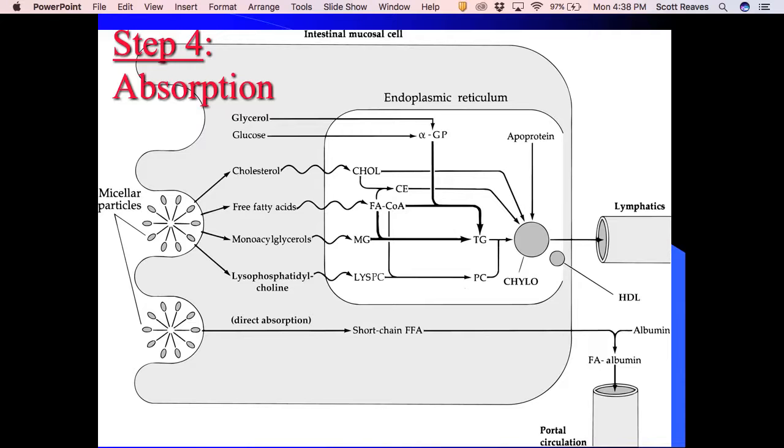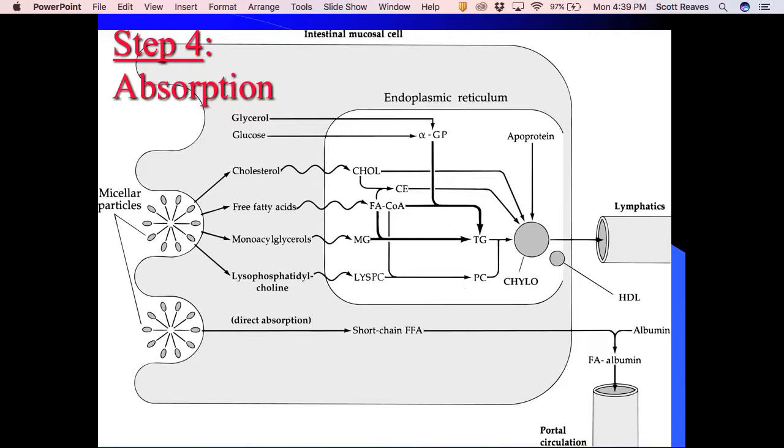And cholesterol can go in there, and cholesterol ester can be in that chylomicron. So in other words, these digestion products don't go into chylomicrons as they are. They have to be reassembled. In order to reassemble these molecules, the fatty acids have to be activated.